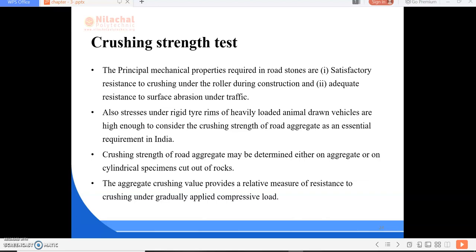Crushing strength of road aggregate may be determined either on aggregate or on cylindrical specimens cut out of rocks. The aggregate crushing value provides a relative measure of resistance to crushing under gradually applied compressive load.